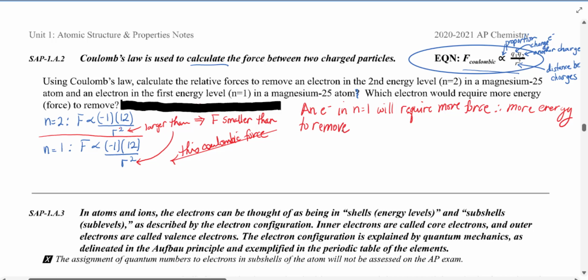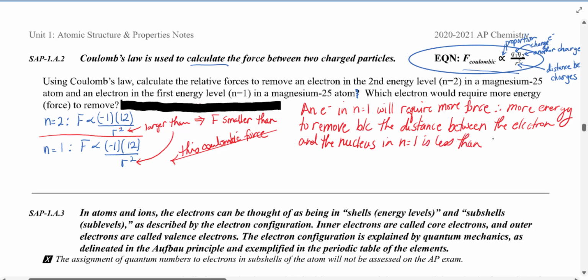Now you have to justify it, because the distance between the electron and the nucleus in energy level 1 is less than the distance between the electron and the nucleus in energy level 2.